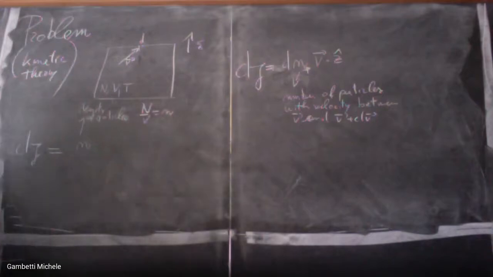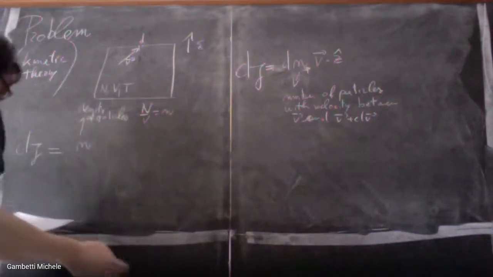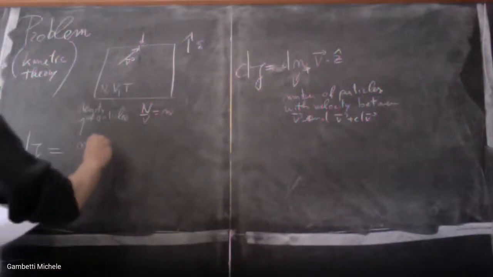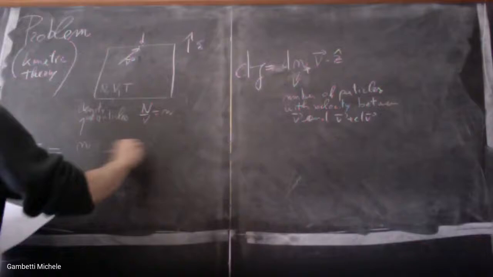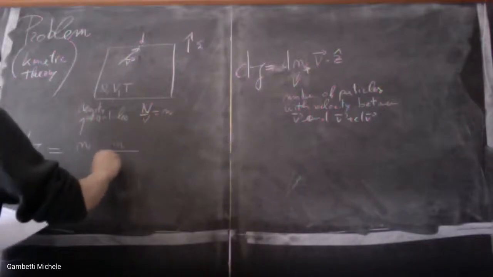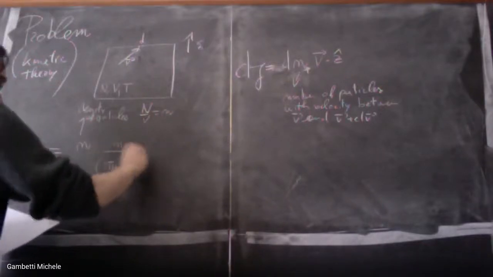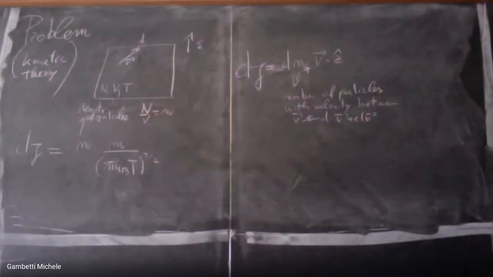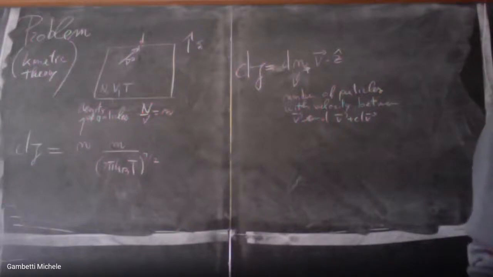Then in the Maxwell-Boltzmann distribution, I have a factor of m divided by 2 pi kB T to the power of 3/2.